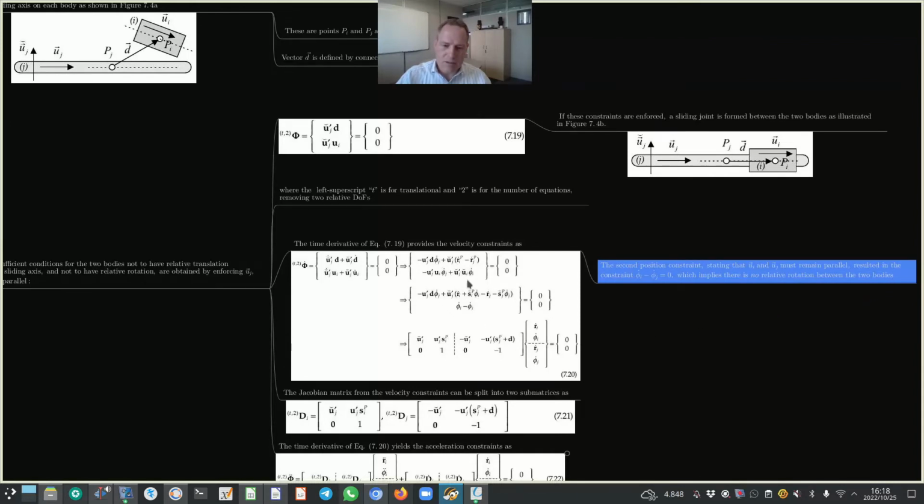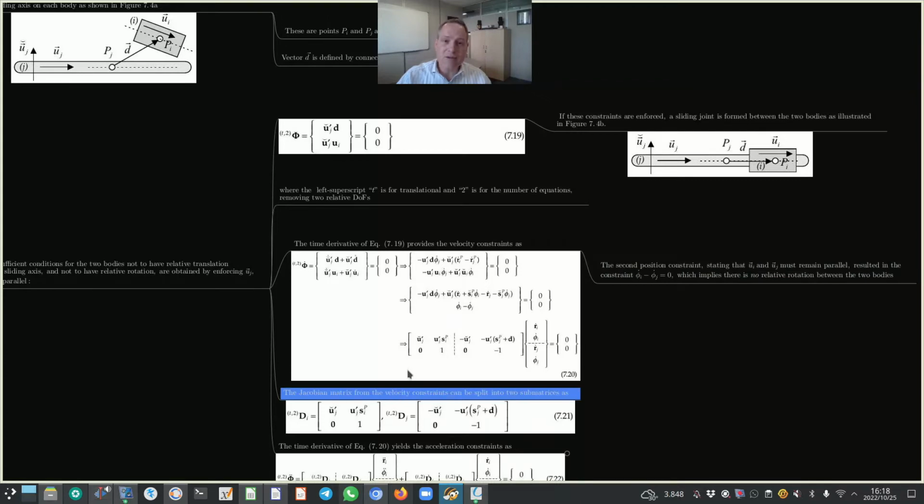Once you have that simplification, it's very simple to get to the third line of equation 720, and from that we can clearly see what the Jacobian submatrices look like.